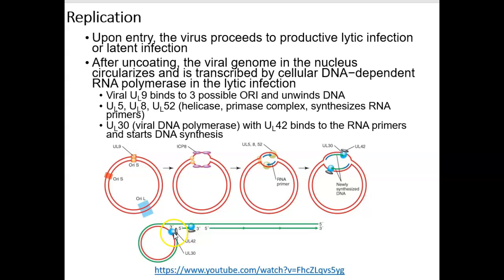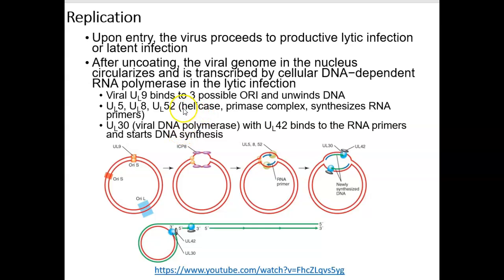So on the 3' end of the nicked DNA, you can start adding more nucleotides to that, and it goes around in a circle, and so you kind of spin off a length of DNA here, and then that can circularize, and then you can make the other strand from that again in a circle. So take a look at the video, and that demonstrates the process a lot better than the still shots that they're trying to show you here.